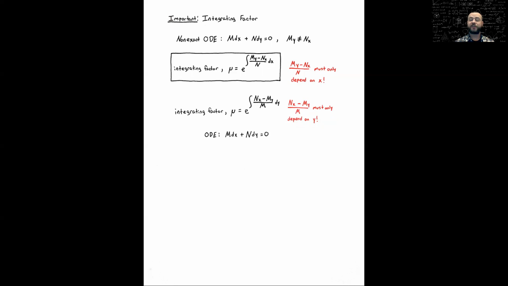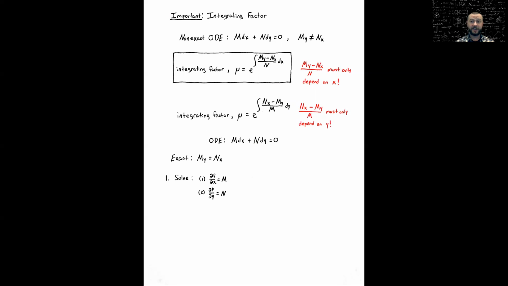All right, so how do we actually then use our integrating factor mu to solve this ODE? We're going to give an overview, what to do if it is exact, and then what to do if it's not exact. So our goal right now is to solve an ODE in differential form.